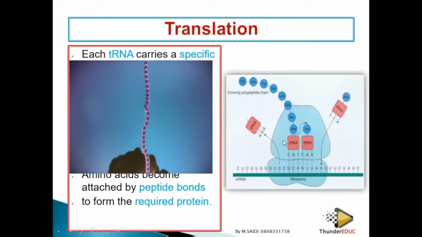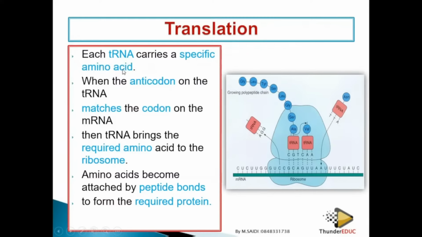This is exactly what is happening. Each transfer RNA carries a specific amino acid. For example, it carries a specific amino acid, and this cannot carry another acid, no. And when these 3 anticodons match with these codons, for example, T goes with A, and then A goes with U, now what happens?